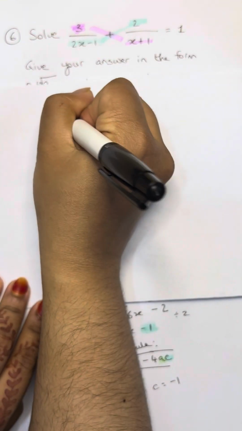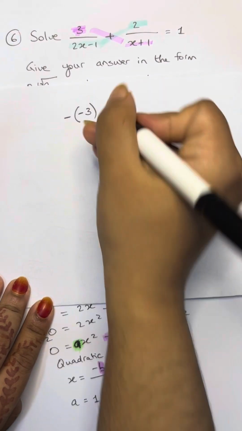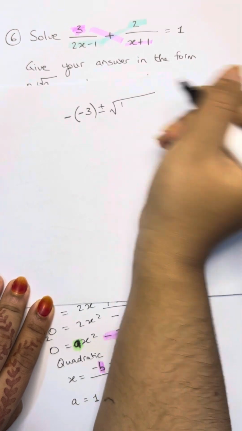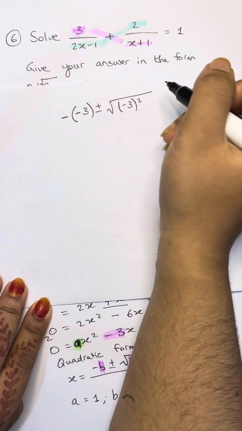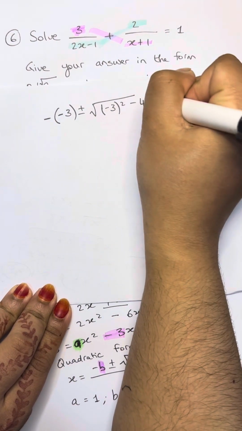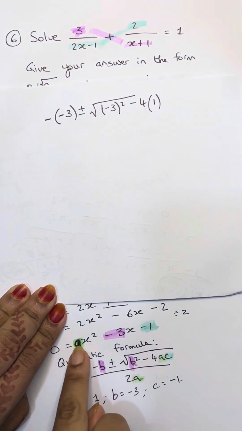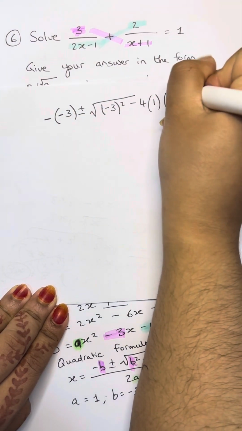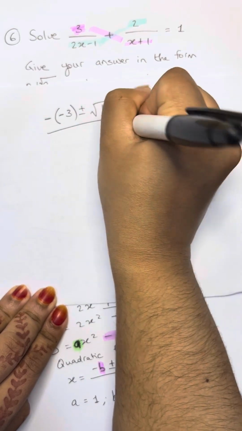So you have to do negative, open up a bracket, minus 3, plus minus square root of b squared, which is minus 3 squared, minus 4. A is 1. A value is 1. As I said, when there's nothing here, it means 1. And then minus 1 here. Yeah? All over 2a, which is just 1.